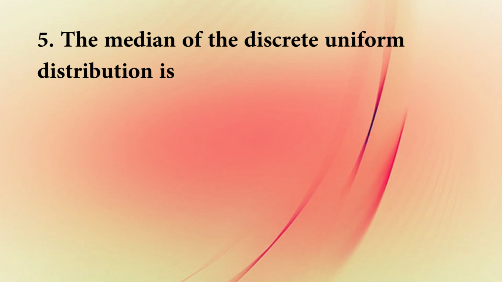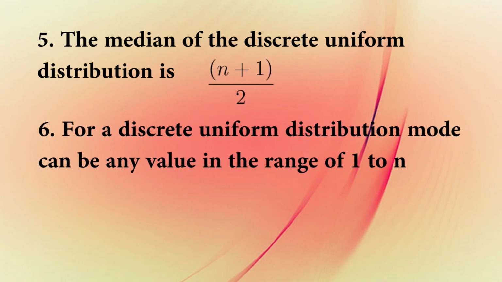And it is to be noted that the variance increases as the number of possible outcomes increases. The median of the discrete uniform distribution is (n plus 1) divided by 2. For a discrete uniform distribution, mode can be any value in the range of 1 to n.